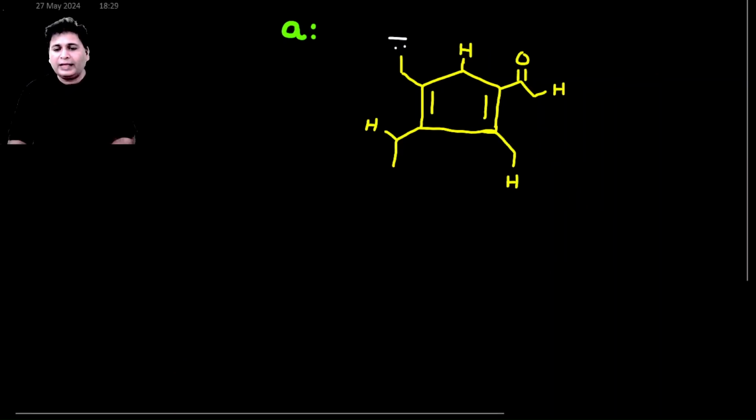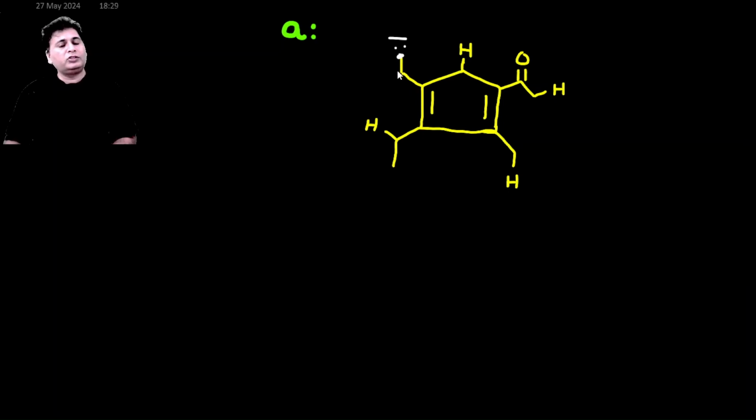The hydrogen which was connected at this carbon is now taken away as H plus. It leaves a negative charge on this carbon, and we have to assess its stability. As you all know, the charges are a symbol of burden, a problem, and you have to take care of those charges.